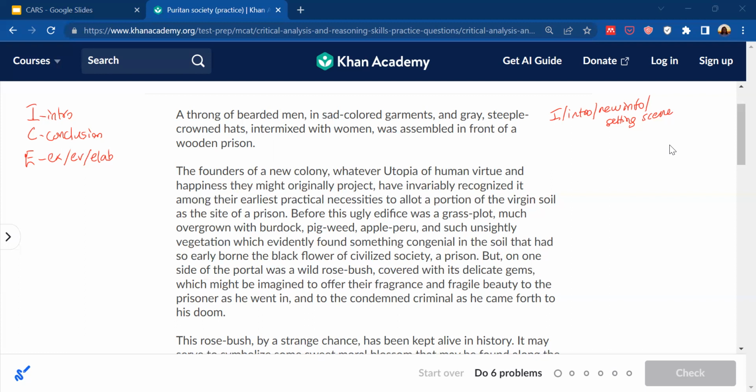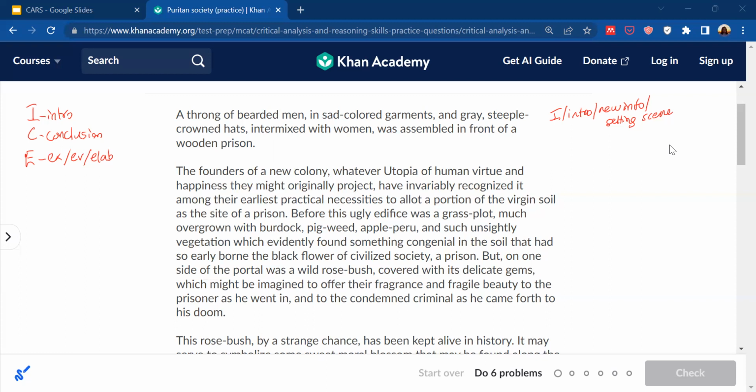But on one side of the portal was a wild rose bush, covered with its delicate gems, which might be imagined to offer their fragrance and fragile beauty to the prisoner as he went in, and to the condemned criminal as he came forth to his doom.